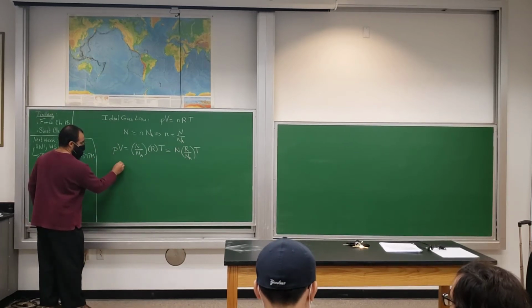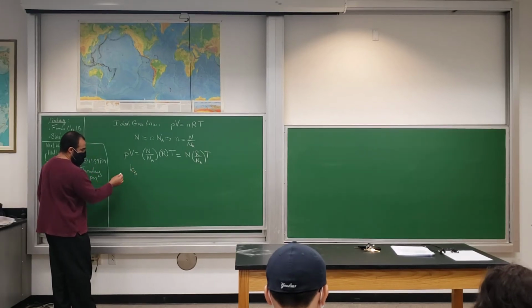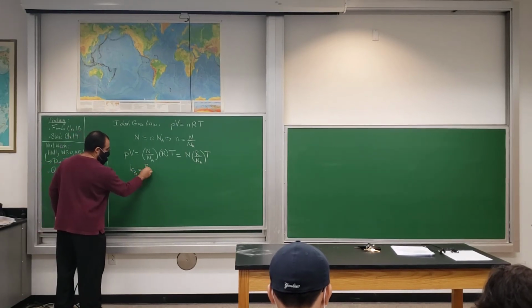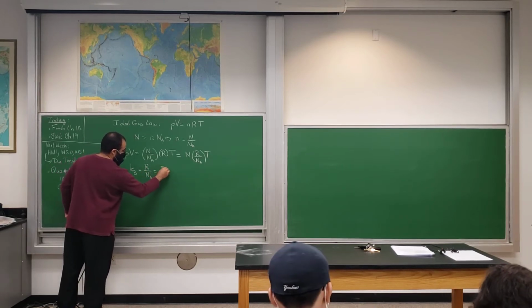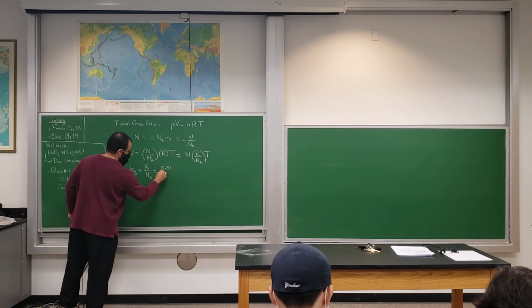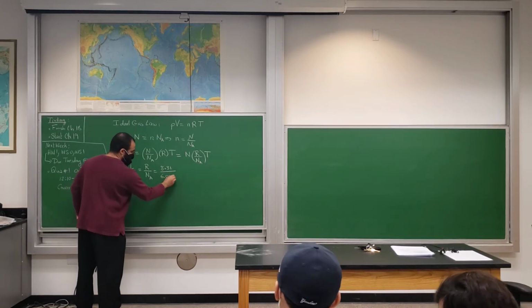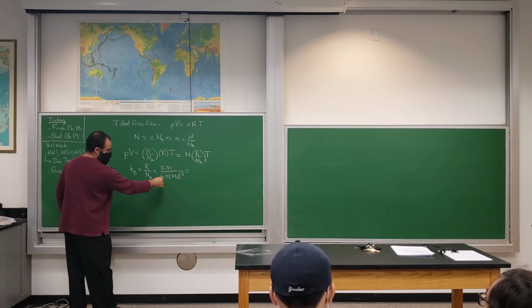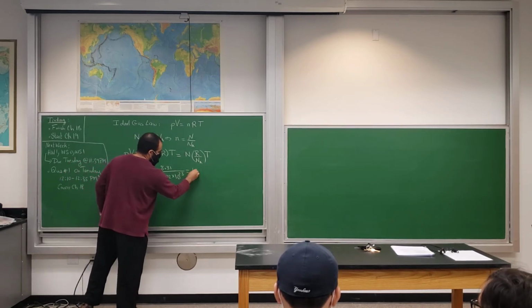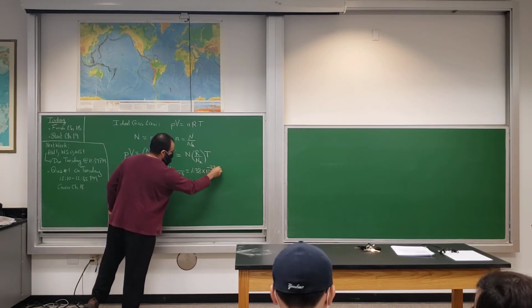So it's called k_B, Boltzmann's constant, and it's equal to R over N_A. R is 8.31, and N_A is approximately 6.02 times 10 to the 23. If you do this, you get 1.38 times 10 to the minus 23 joules per Kelvin.